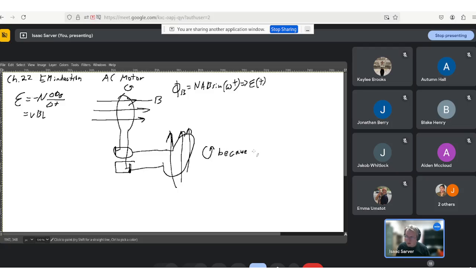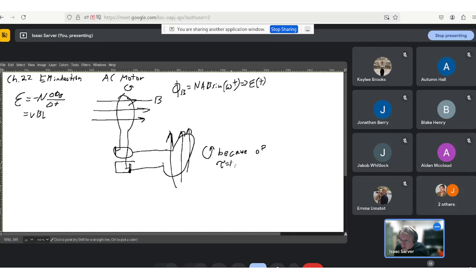because of torque. Torque is equal to, I don't rightly recall this one, torque, there it is.